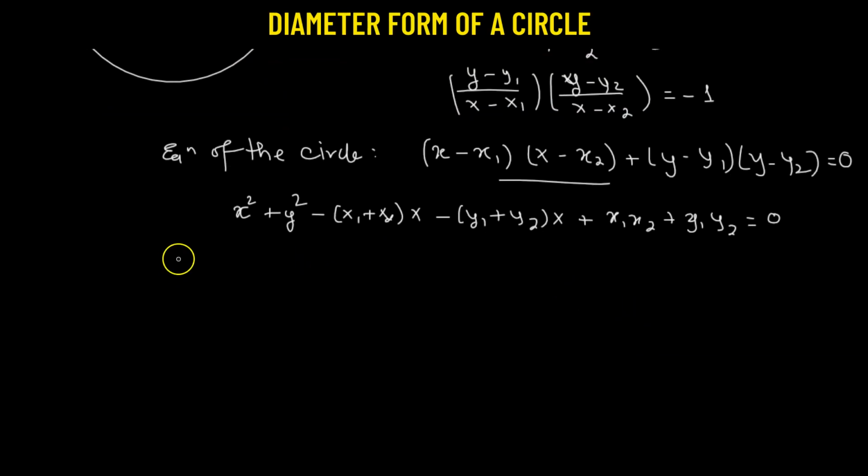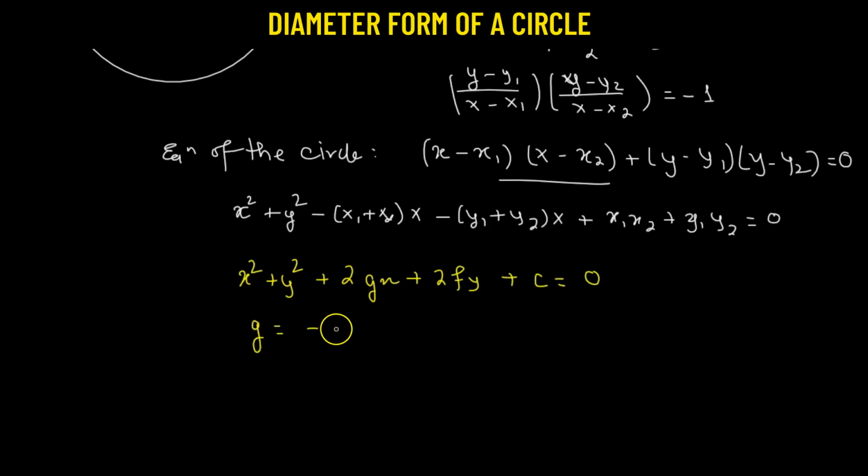Now we can use the general form of the circle. We know that the general form of the circle is given by x squared plus y squared plus 2gx plus 2fy plus c equals 0. Now if we compare this, we can find out the value of g. So g comes out to be negative of (x1 plus x2) over 2, and f comes out to be negative of (y1 plus y2) over 2.